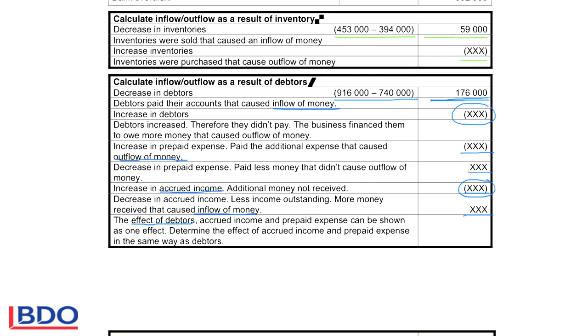If debtors decrease, it means they paid, so there's an inflow of money. If we look at the accrued income, if there's a decrease in accrued income, we think exactly like we think for debtors, and we say that means it is an inflow of money.